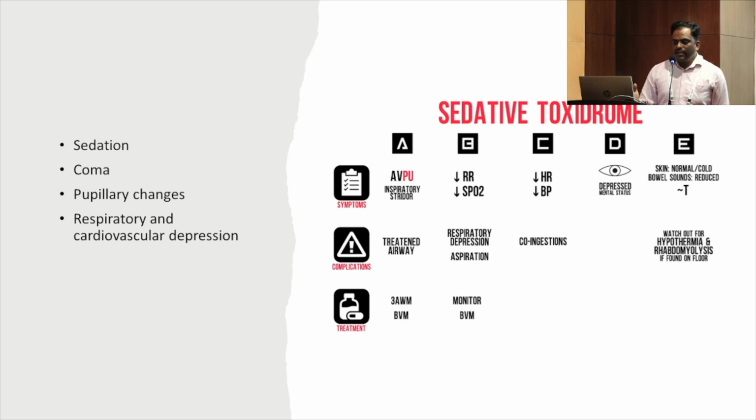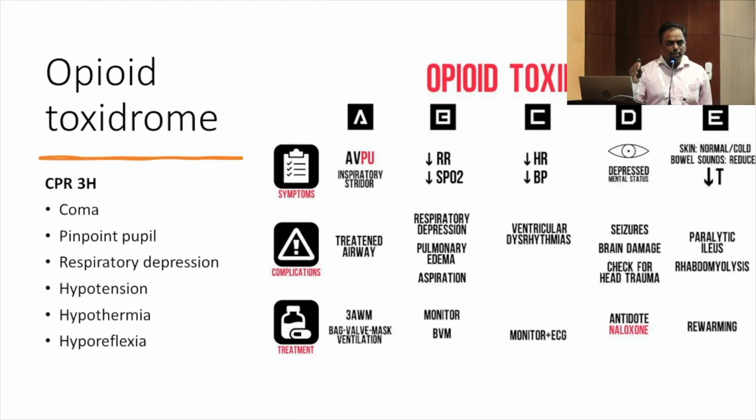And breathing, respiratory rate will be reduced and saturation will also be reduced, and circulation, heart rate and BP will come down, and the pupil size, only in case of opioids it will be miosis, otherwise it will be normal, and it might go into hypothermia also.